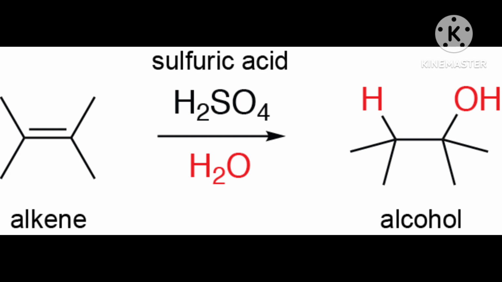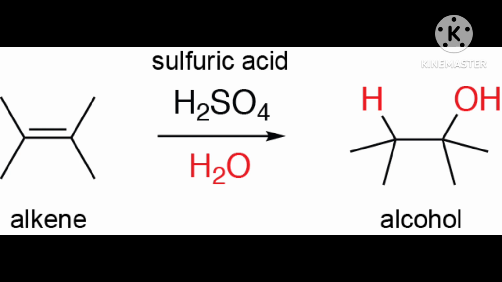Then now H2O is coming. H2O has two parts: the OH part is negative and the H part is positive. According to the Markovnikov rule, the OH part will go to the carbon which has less hydrogen.